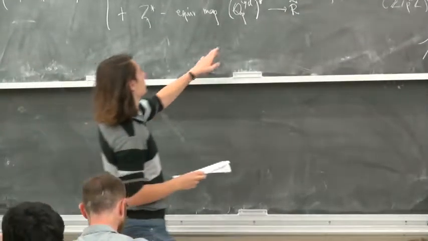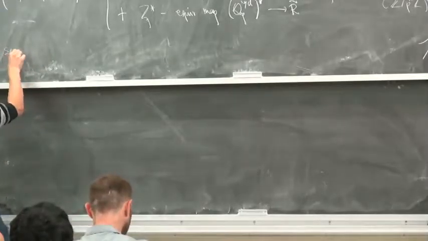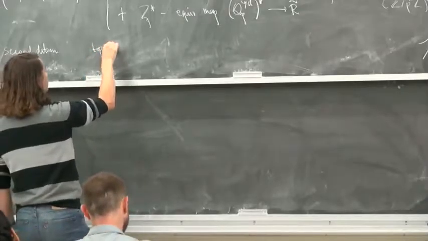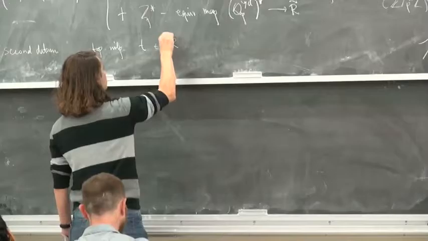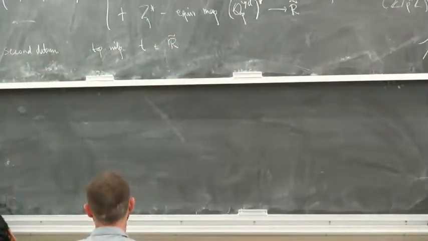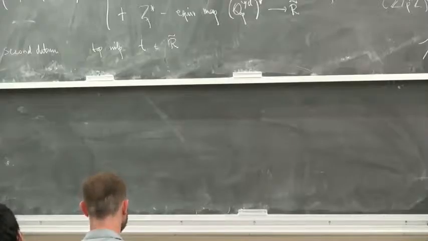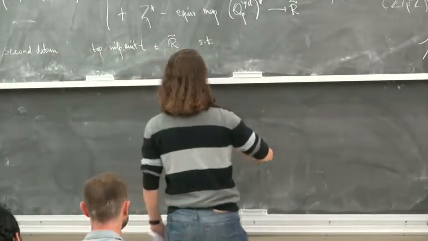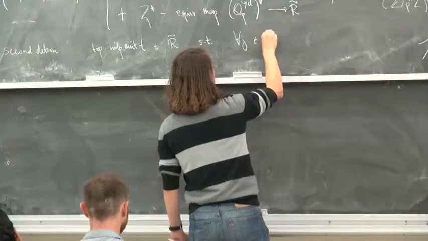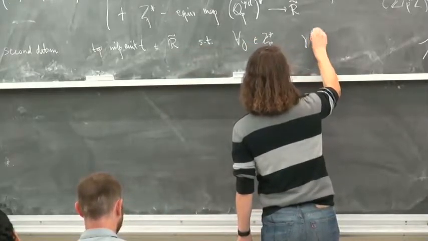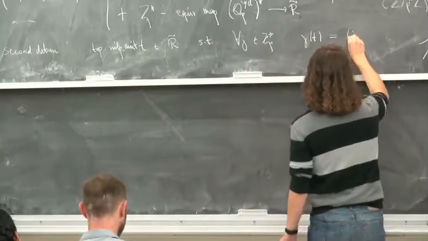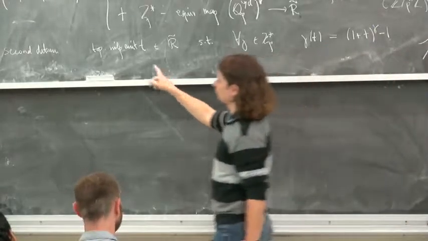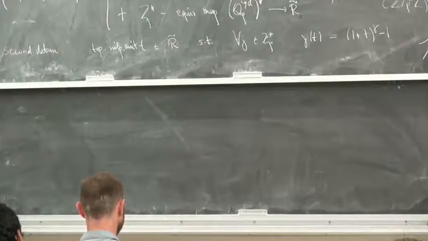And what is the second datum? It's a topologically nilpotent element T in R tilde, which is the image of this T in here under this identification, a topologically nilpotent unit T. The Galois equivariance means that for all gamma in Z_p cross, if you apply gamma to this element T as an element in R tilde, it's supposed to be this formula for the action of gamma on this field here, which you get by functoriality from the action here.